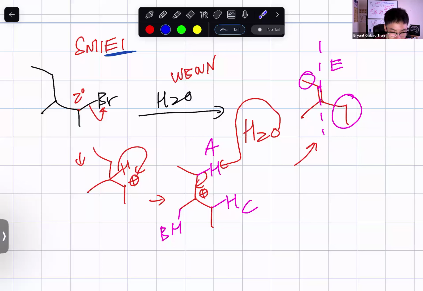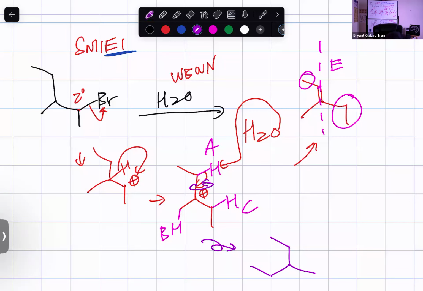We can make a Z alkene here because before this step right here, let's say that we rotated this single bond to get this intermediate right here. Positive charge, right? This single bond right here can rotate because this is not a double bond yet. It's still a single bond which can rotate.